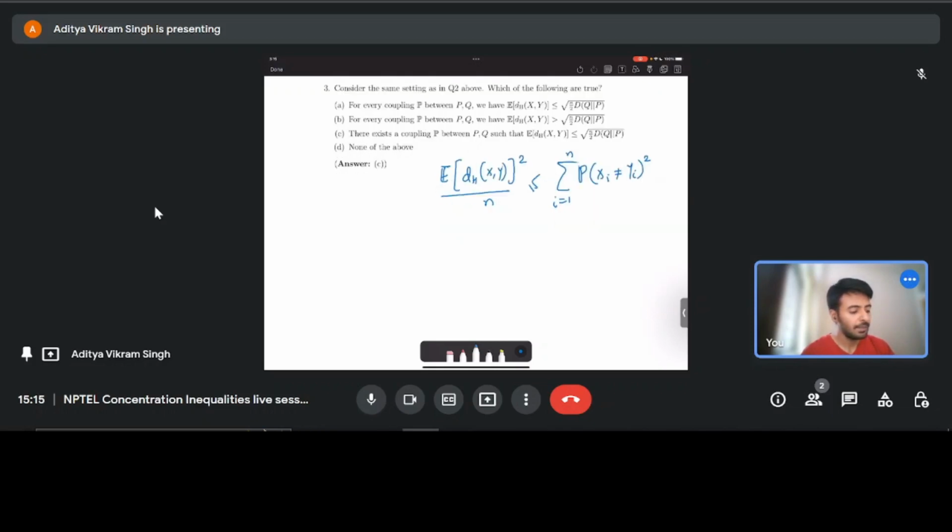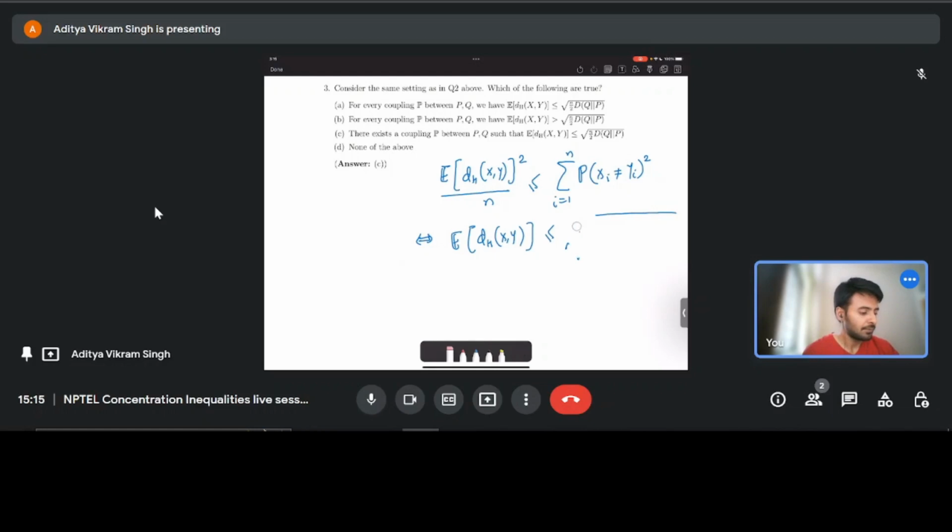Which is the same as saying the expected Hamming distance is less than or equal to square root n.